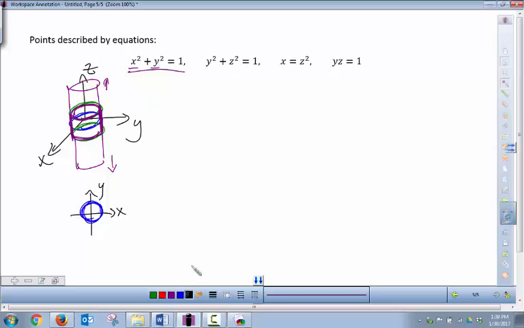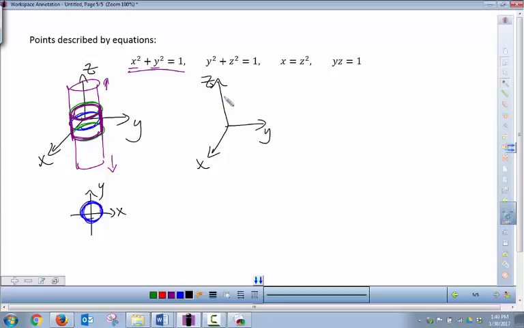All right, so let's try to apply that same idea to these other graphs. Y squared plus z squared is equal to 1. What do you think of there? It's a circle. Circle on what plane? On the YZ plane, right?